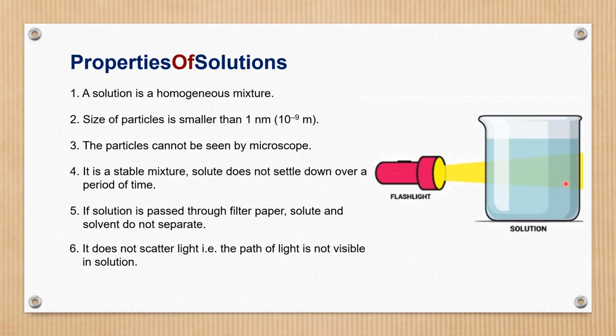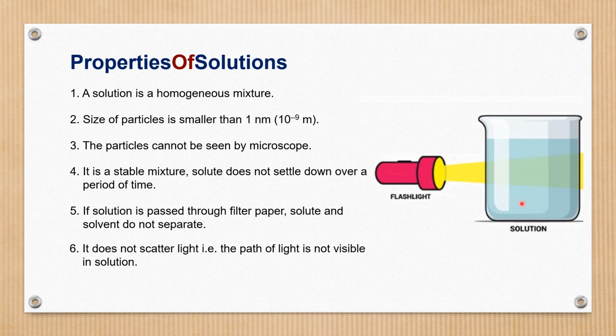You can see the light here, but you cannot see the path of light through this true solution. Here also you can see the light, but in this solution you cannot see the path. So the path is not visible in solution.